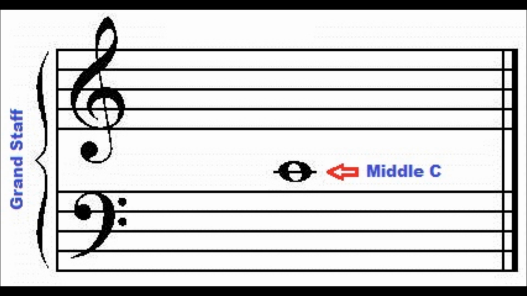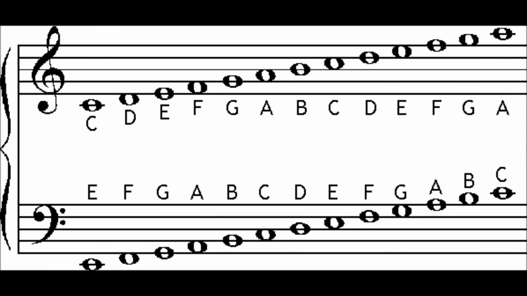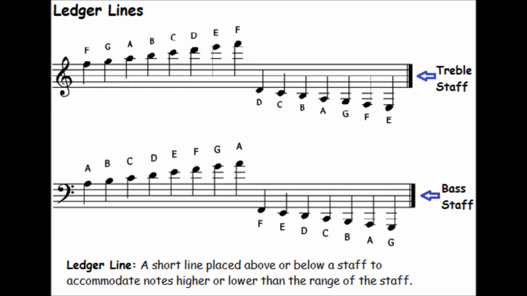Usually, you use the right hand to play notes from middle C and higher on your piano, and the left hand plays notes that are lower than middle C. In this diagram, we can see that there are many ledger lines. As you progress as a piano student, it will all become quite simple.